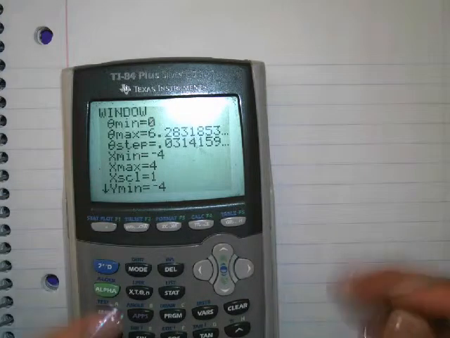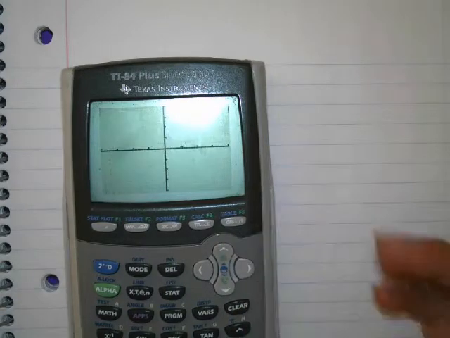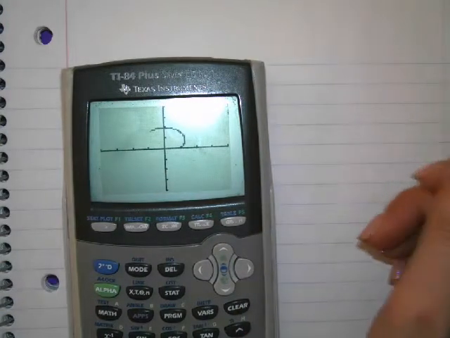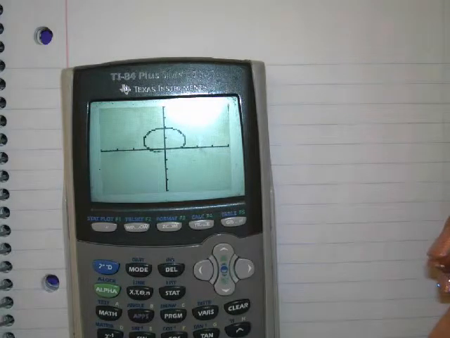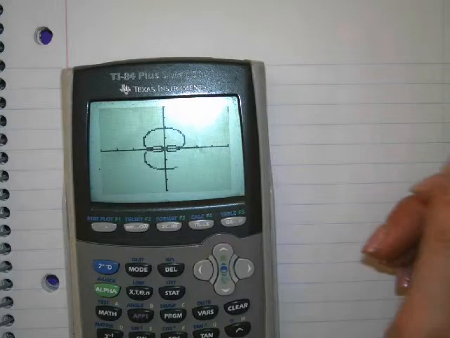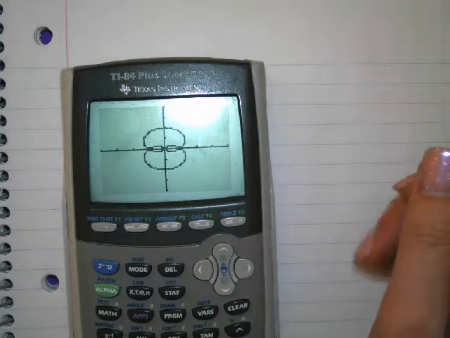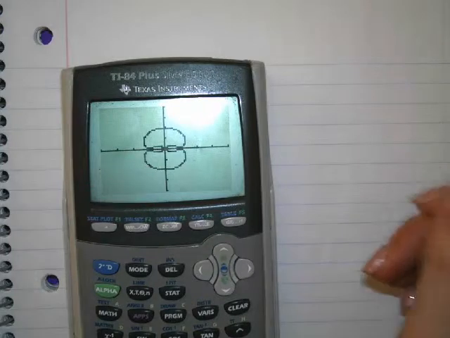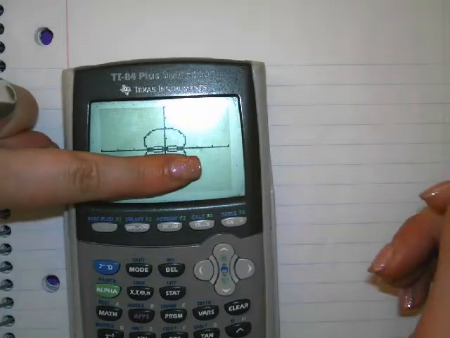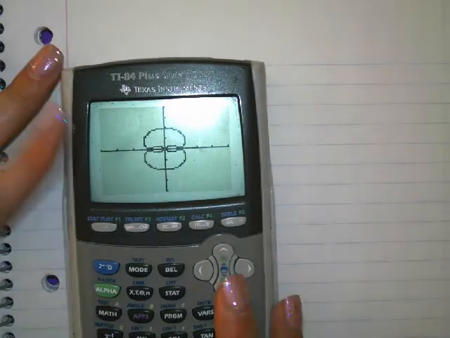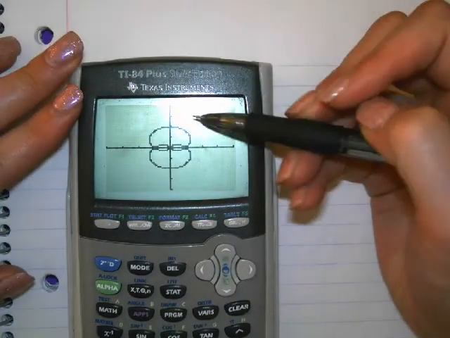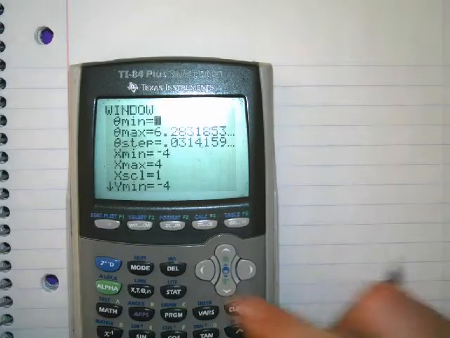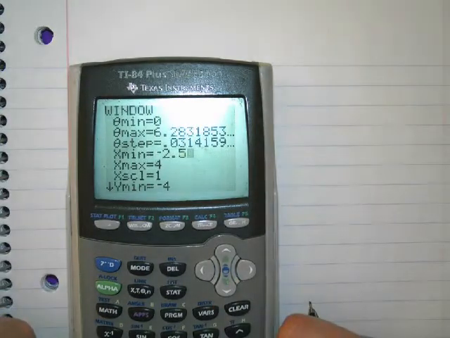I don't know if our window might be okay. We'll see if we need to make it. We could even make our window smaller so we could see better. It looks like a really round person with little butt cheeks. Anyway, all right. So I'm going to change my window to go from negative 2.5 to 2.5.